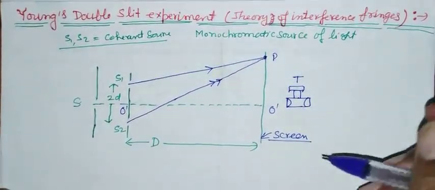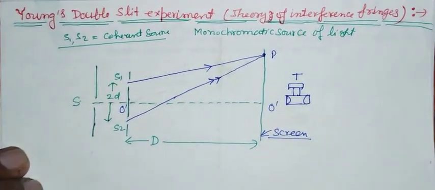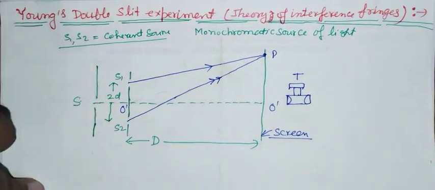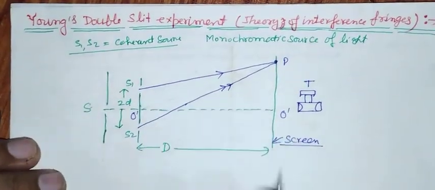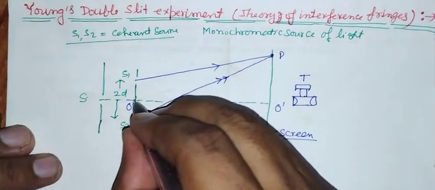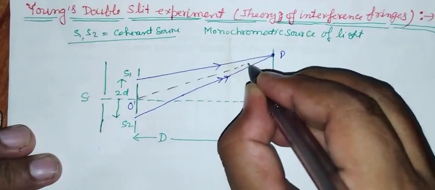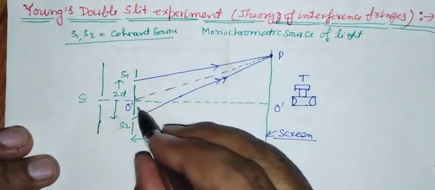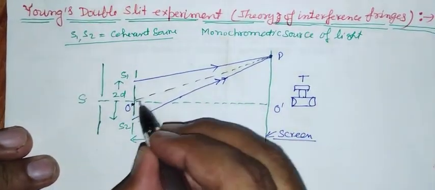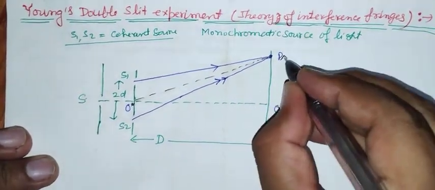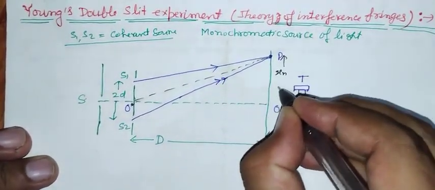The telescope is moved up and down in this case. Now see carefully one more thing here. Join these two points with a dotted line, this is OP. Let this distance be XN.